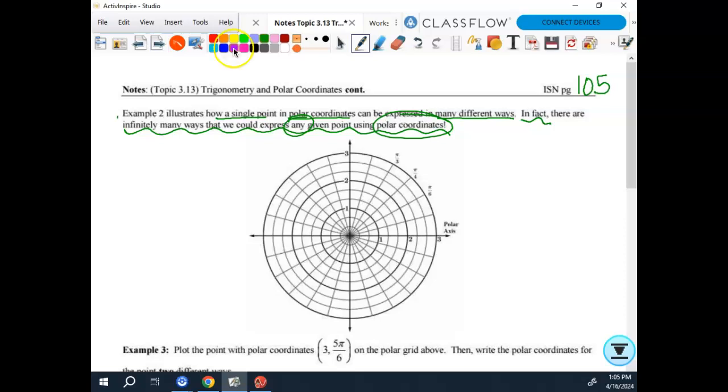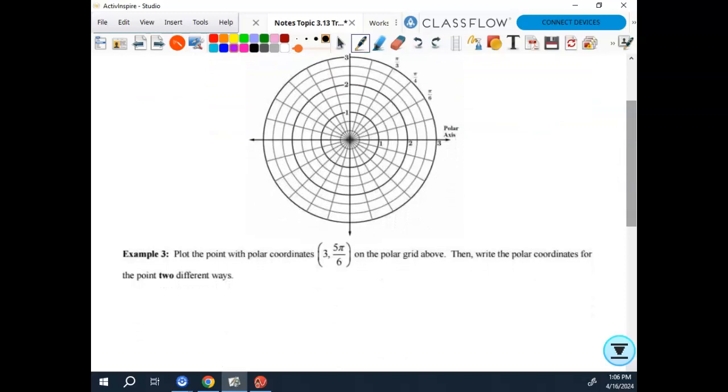All right, so for example 3, go ahead and see if you can plot the point that they gave us.